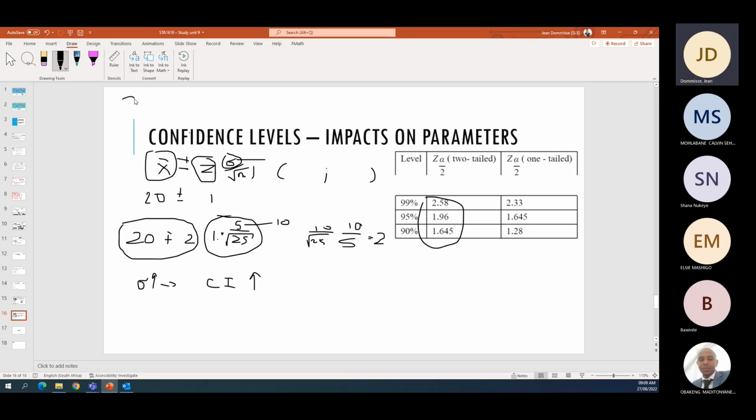So the second one is, if standard deviation goes up, your confidence interval will go up. If standard deviation goes down, so if our standard deviation was not 5 but turned into 1 maybe, then it would have been 1 over 5, which is 0.2.